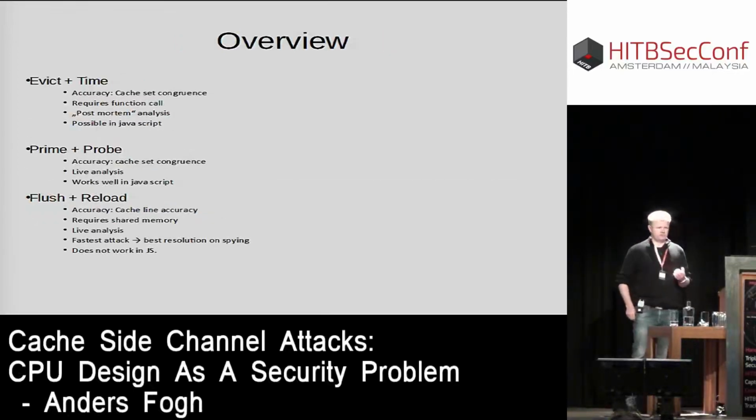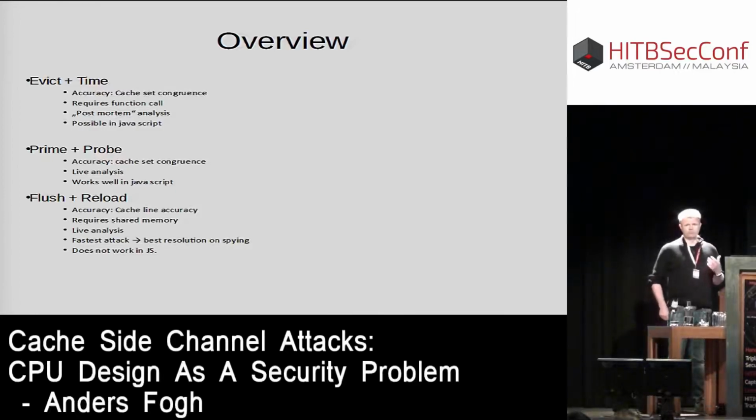So, victim time: the accuracy you get is cache set congruence, and we require a function call. This has an advantage. We don't have to synchronize with the client. We know from calling and ending the function when the client is running, when the victim is running. A downside is that this is post-mortem analysis.